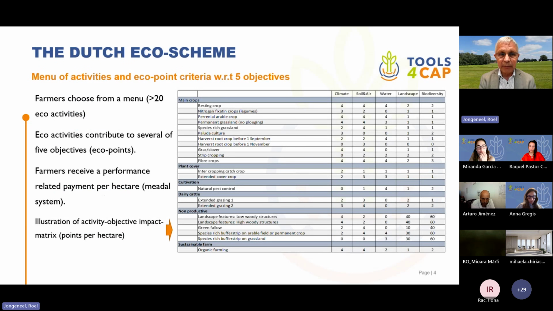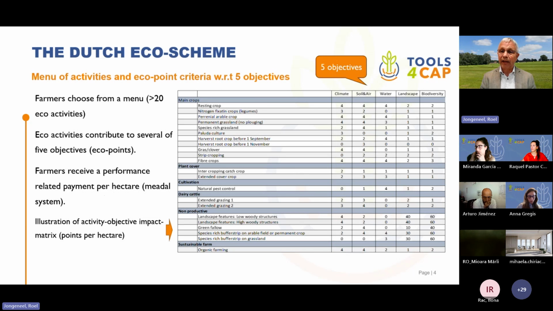But maybe as a starting point, it's good to make some remarks about the Dutch eco scheme, which is a bit different from the eco scheme as it has been applied in many other member states. What is typical for the Dutch scheme is that farmers can choose from a menu of activities. And with each eco activity, they generate points on 5 criteria.